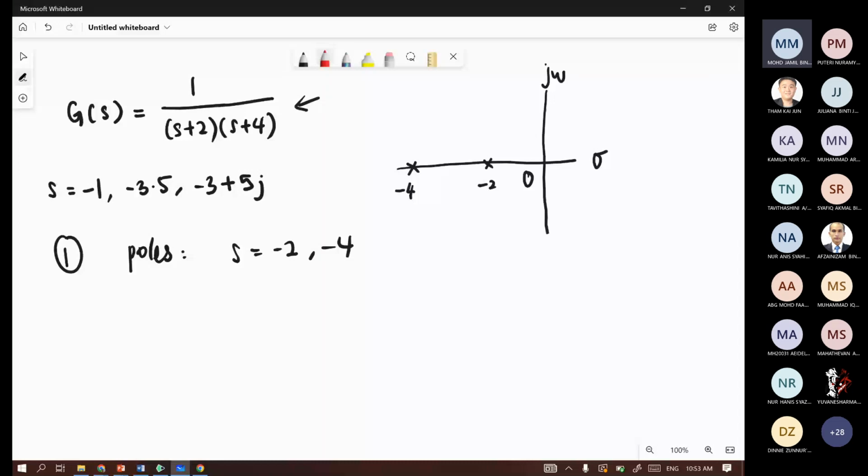Then to see clearly the location of the three points, you can plot them on the s-plane. For example, -1 will be located here, -3.5 somewhere here, and -3 + 5j will be somewhere here.